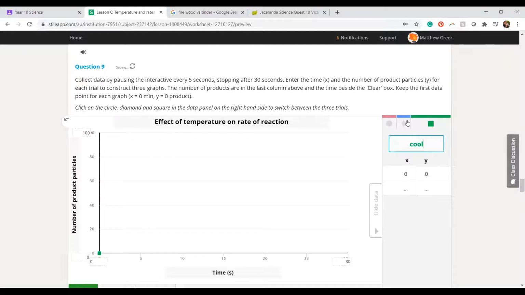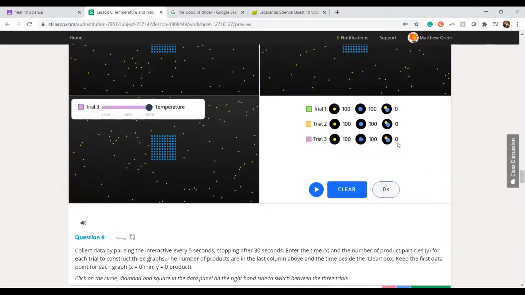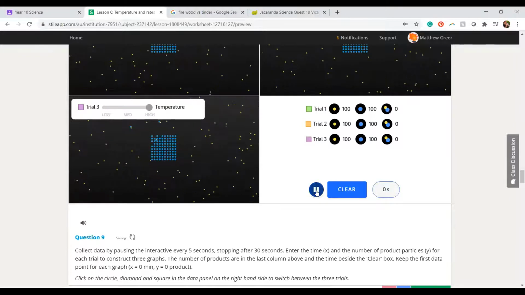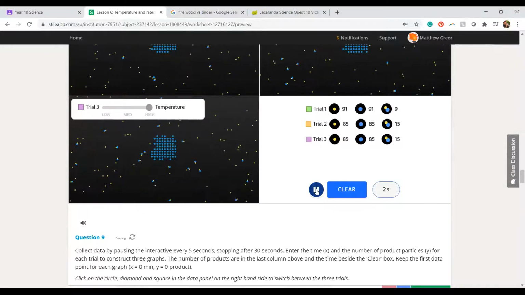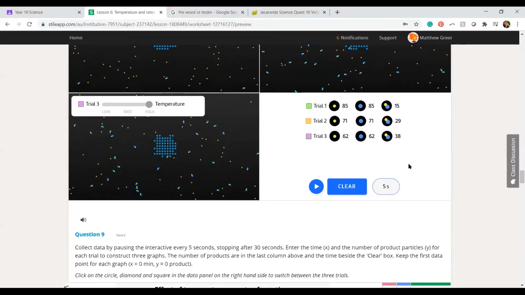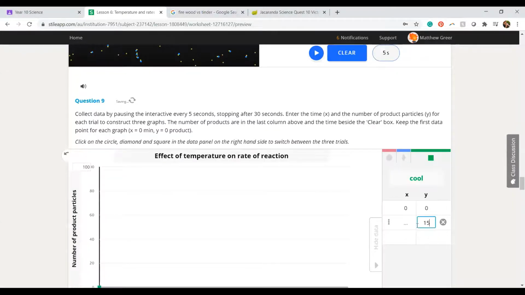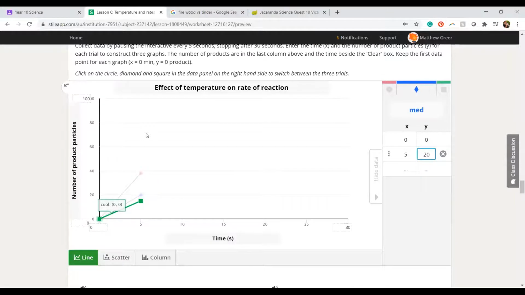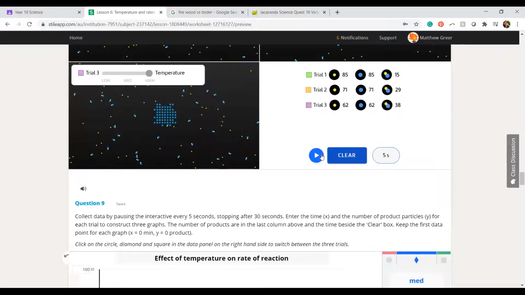How you do this: you set it, you let it go for 5 seconds, 1, 2, 3, 4, 5, and then you record the amount. So for the cold one, there's 15, 20, 38. That gives you a way to plot what's going to happen.